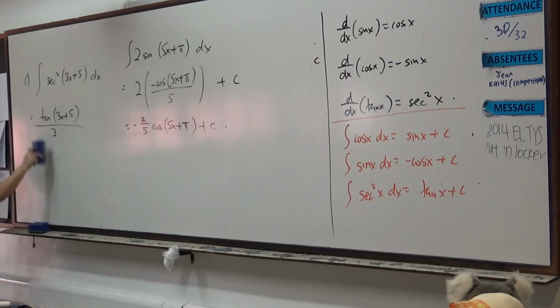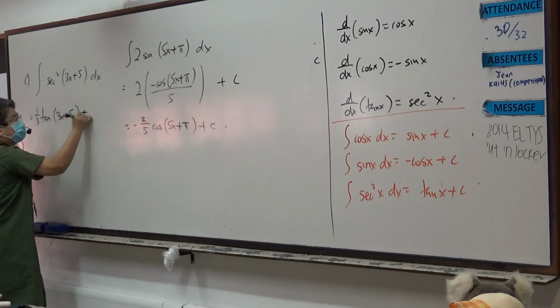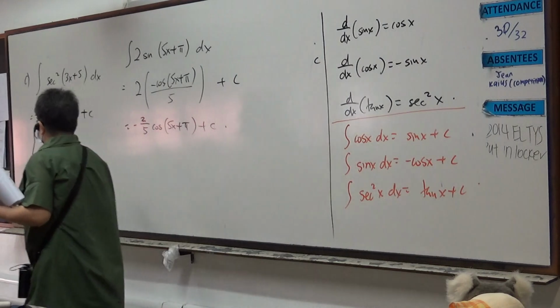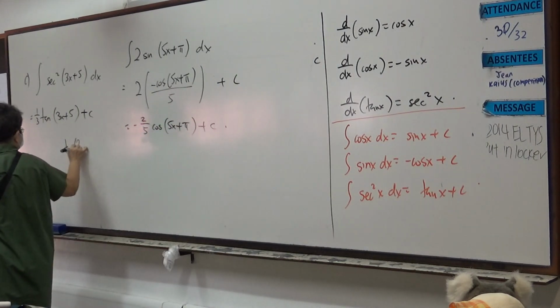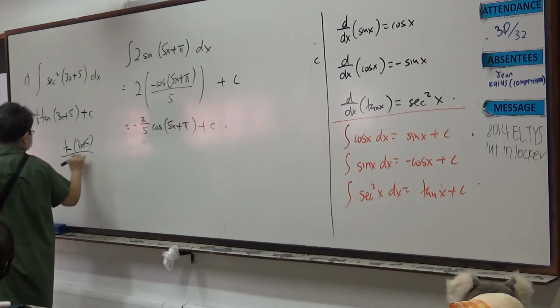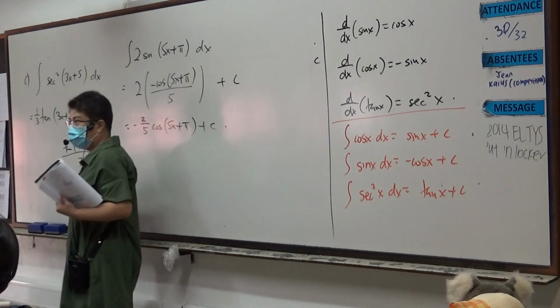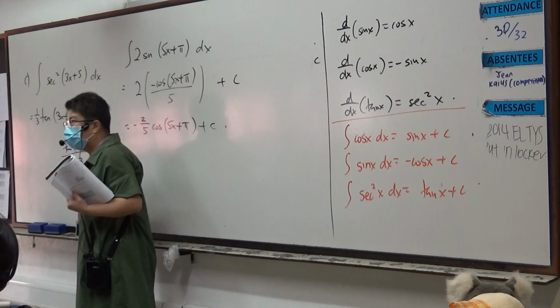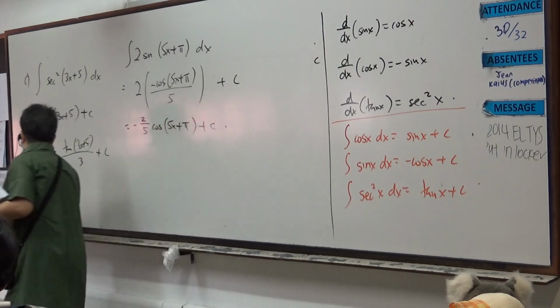Divide by 3, if you don't want to write this way, is the same as times 1/3, right? Then I plus c, that's all. Finish already. Okay, then you ask me, if I put like that, is it correct? It's still correct. Just another way of doing it. Agree, class? Okay? Alright, good.